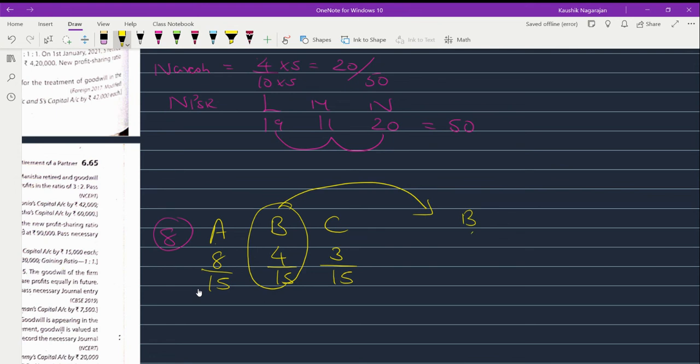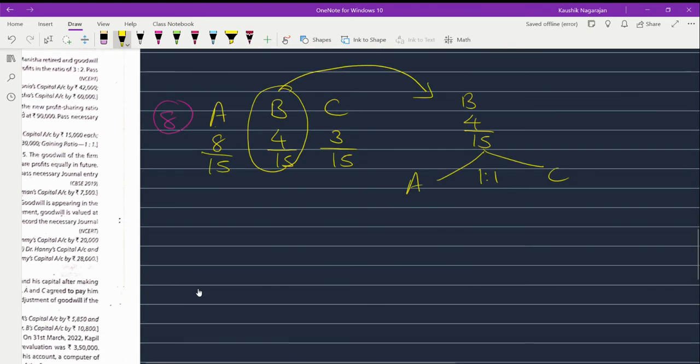So partner B, his share is 4 by 15. This was taken up by the partner A and C in equal proportion, it is mentioned. So that means 4 by 15 into 1 by 2, and again here for C it is also 4 by 15 into 1 by 2.